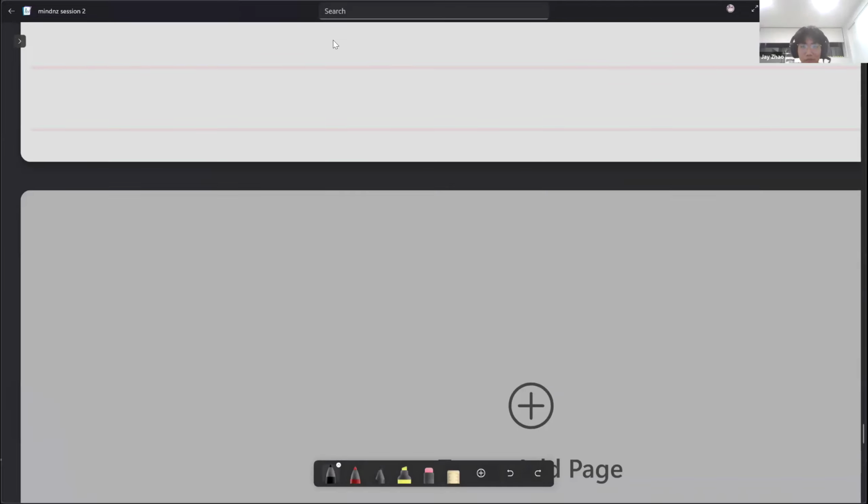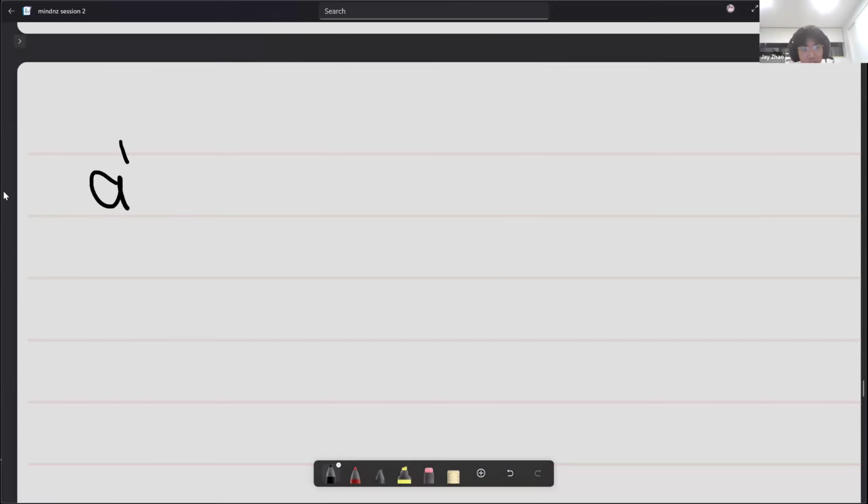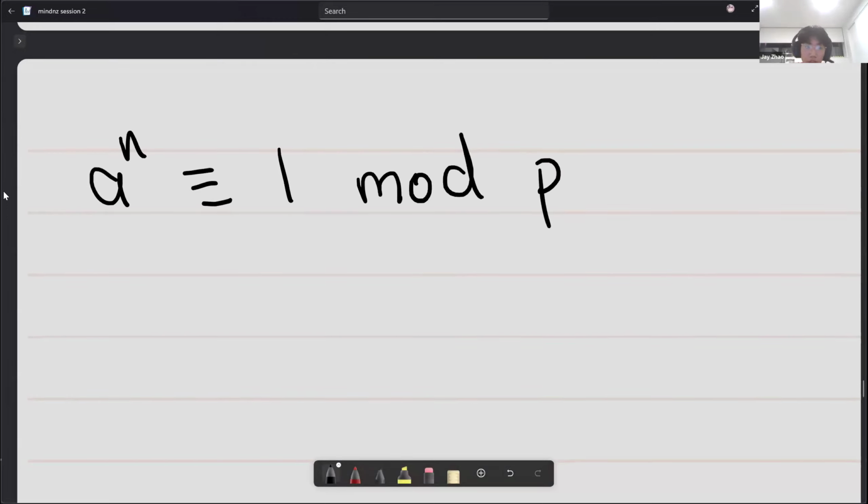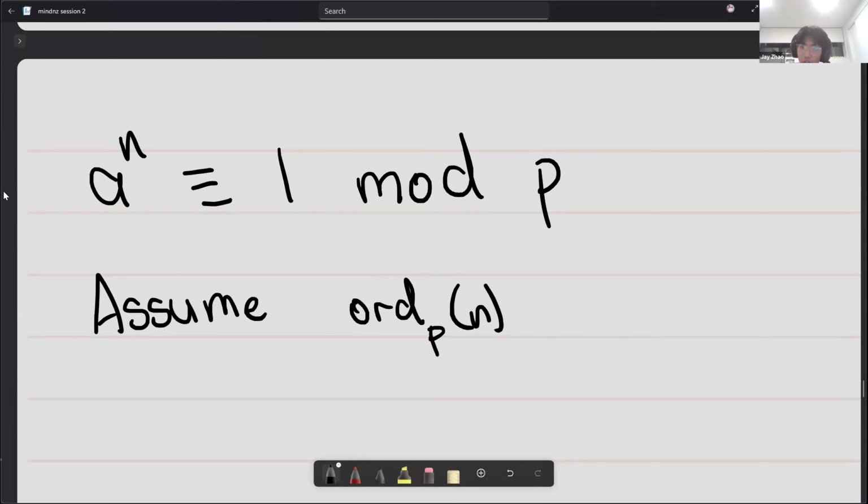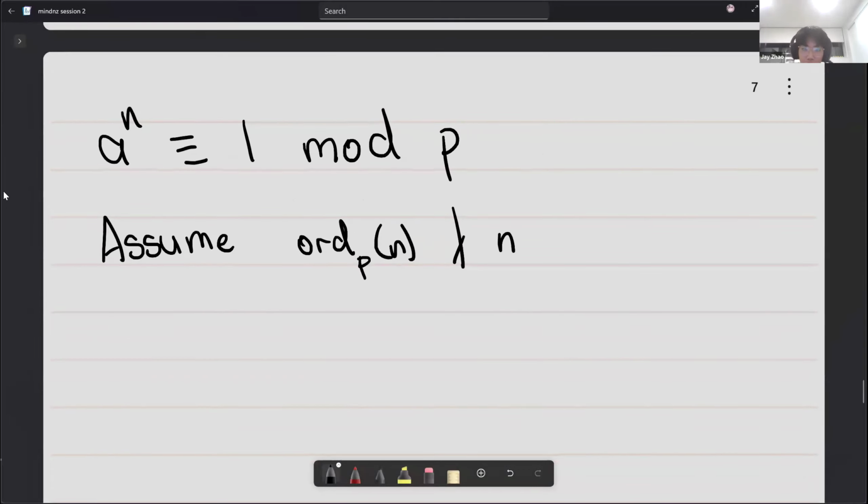Okay. So let's say that a to the n was congruent to 1 mod p, and then we're gonna assume that the order does not divide n.